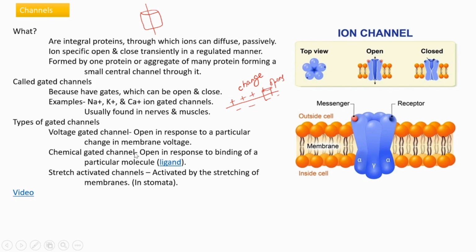Then what does chemical gated channel mean? The gate opens whenever certain chemicals bind to it. They are called ligands. Ligands are simply certain ions. So whenever such ions bind to this gate, it opens. Such types of channels are called chemical gated channels.